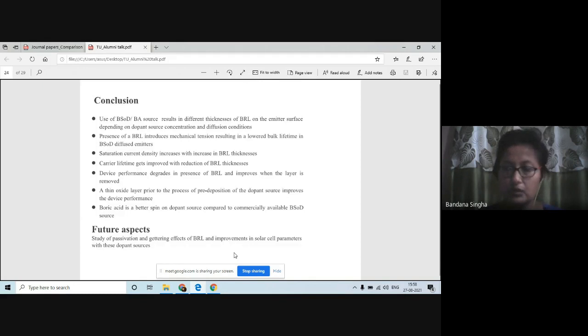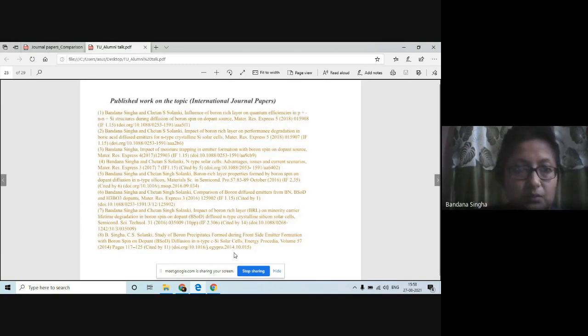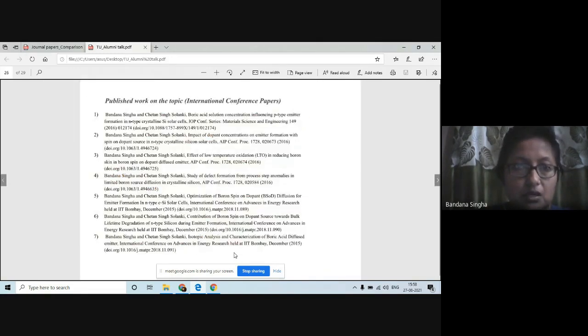And if we want to use these solar cells for wide applications in coming years, for making commercially available solar cells, then we need to optimize the cost without lowering the efficiency. So these are some future aspects that we need to consider when we try to use cost-effective dopant sources. And these are some of the publications related to this work, some journal publications and some conference papers.